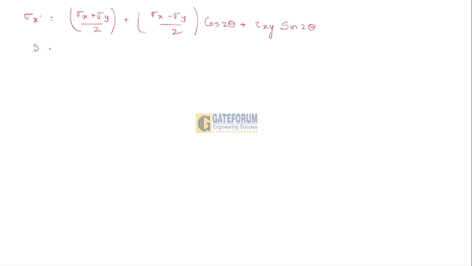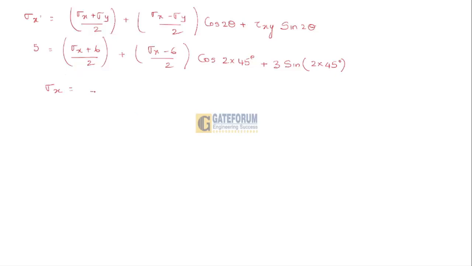So 5 is equal to sigma x plus 6 by 2 plus sigma x minus 6 by 2 cos of 2 into 45 degrees plus 3 sine 2 into 45 degrees. You will get the value of sigma x as minus 2 Newton per mm square.